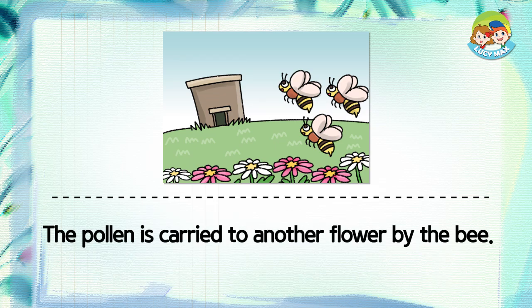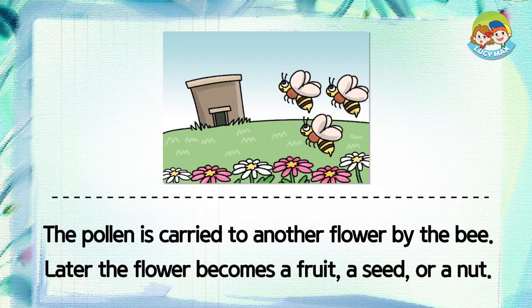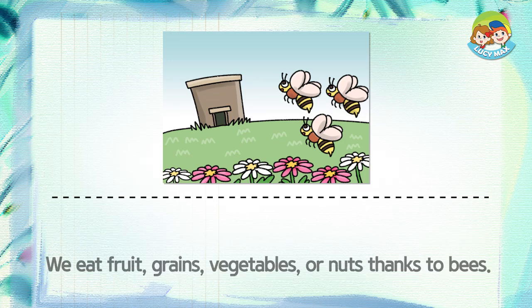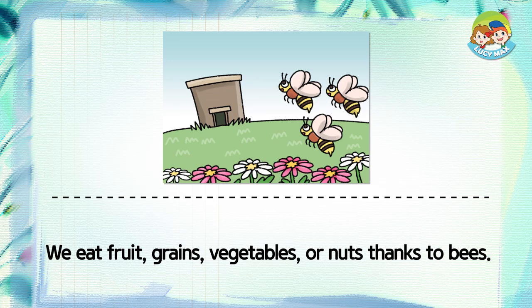The pollen is carried to another flower by the bee. Later, the flower becomes a fruit, a seed, or a nut. We eat fruit, grains, vegetables, or nuts thanks to bees.